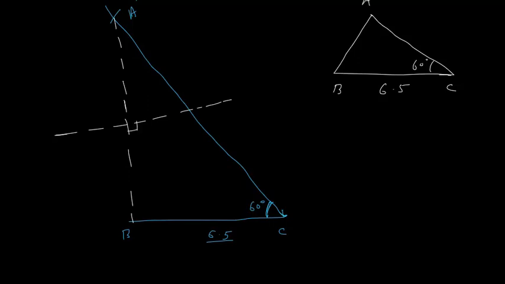This angle is 90 degrees and this part is equal to this part. Where it intersects the side CA dash, mark this point as A. Then A to B, B to C, and A to C will be your required triangle. This is how we do the construction.